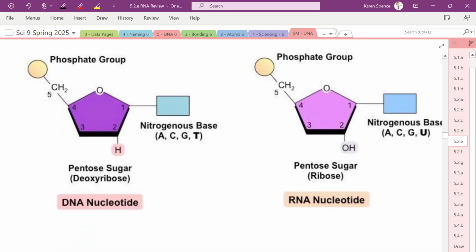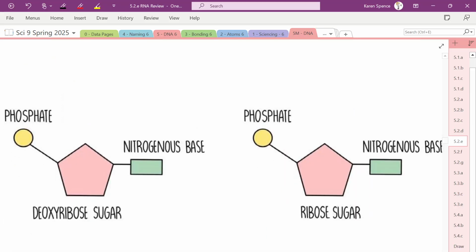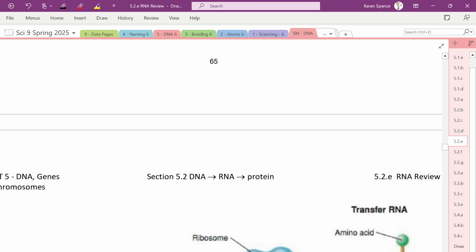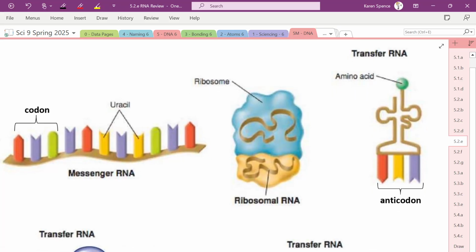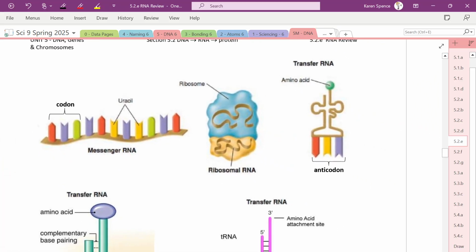We don't really need to do much with that one. You already are familiar with this one. And these are just some pictures to let you see the differences between the mRNA, which is like the line, the rRNA, which makes up a ribosome, and then the tRNA.